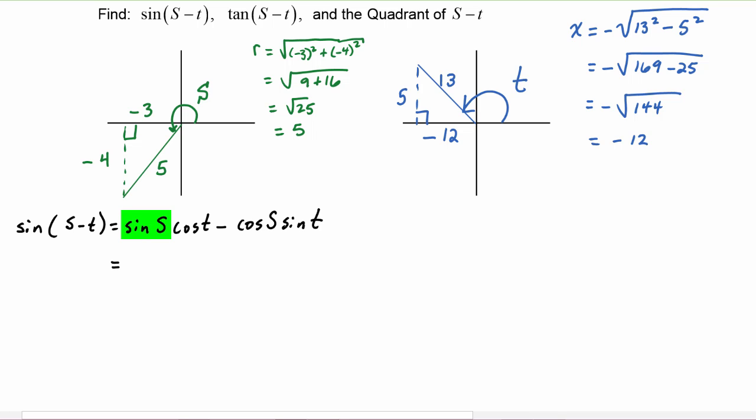Let's fill in those values. Sine of S is going to equal its y value divided by r, so we get negative 4/5.